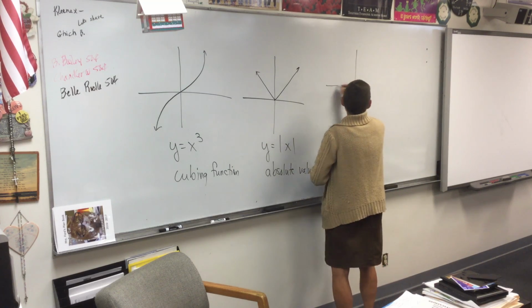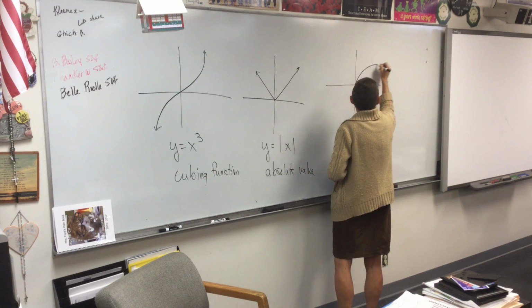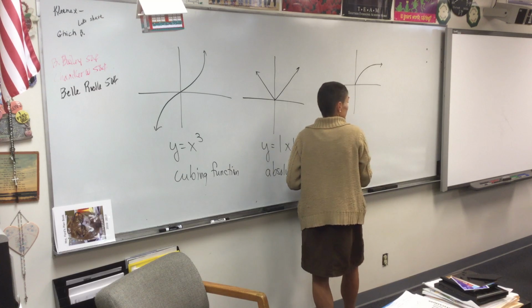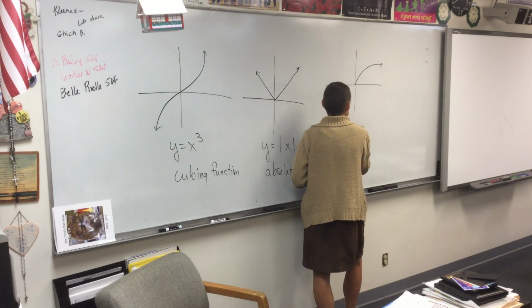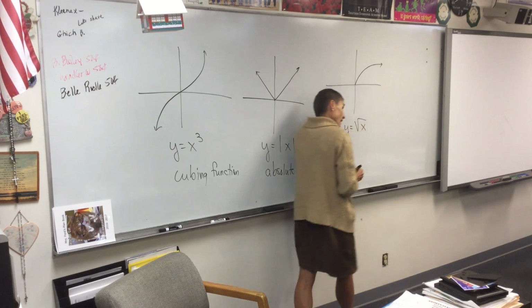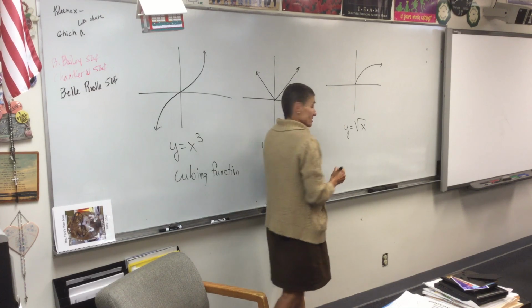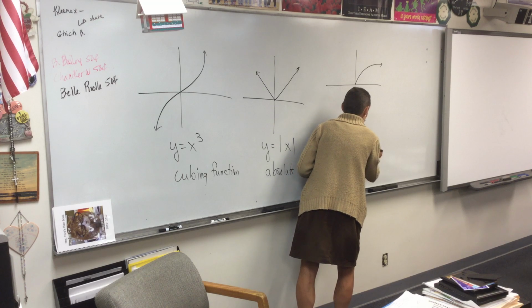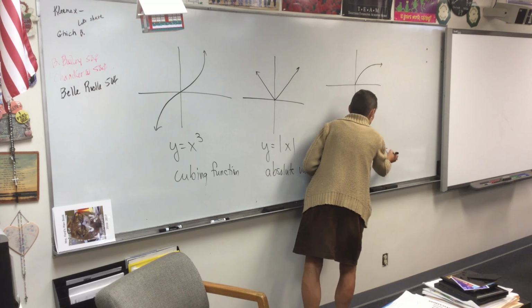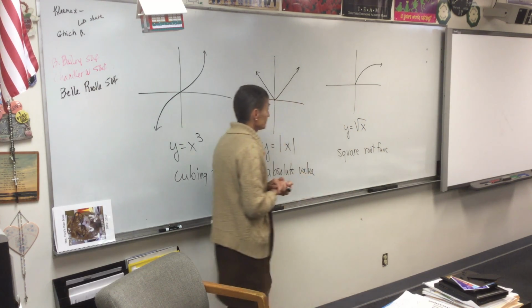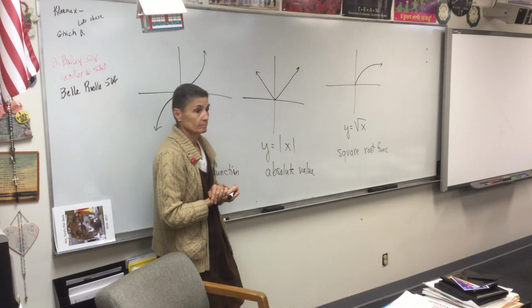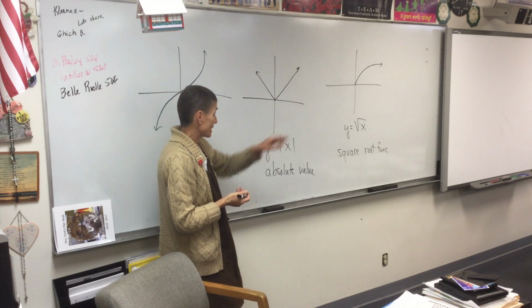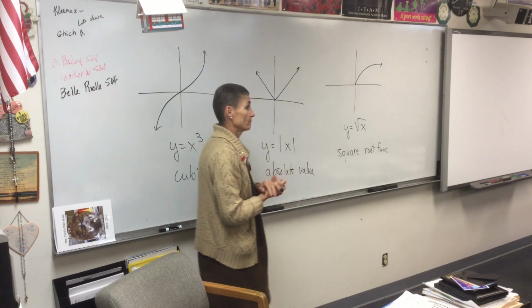Next we have this, which is the equation y equals the square root of x, and it's called the square root function. Square root function is that one right there. That's the picture.